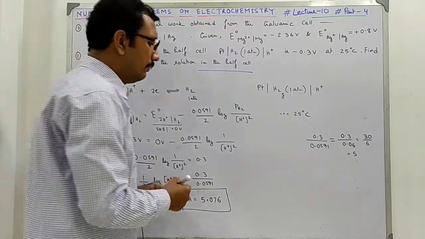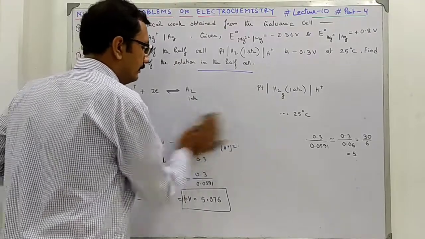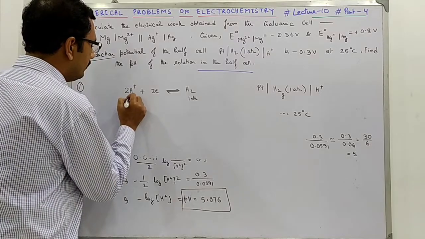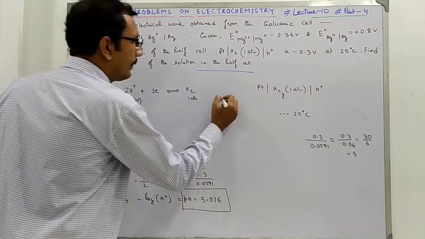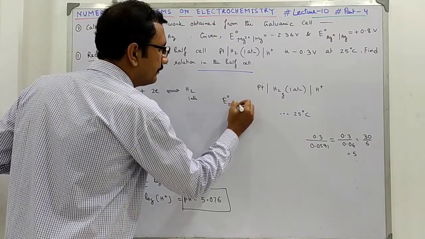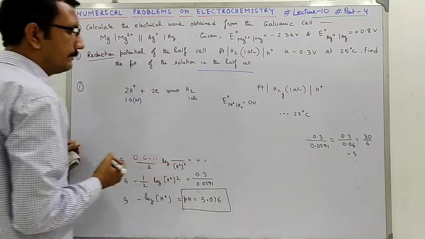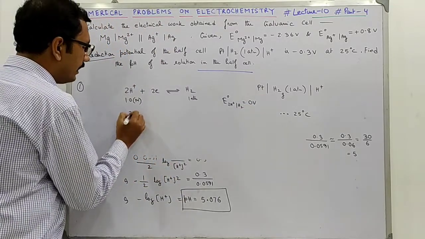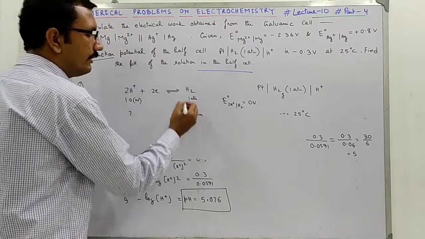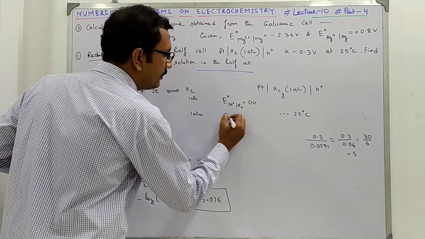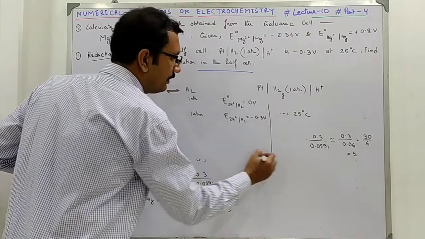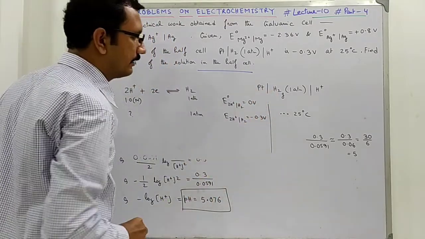See, when the pressure is 1 atm and the concentration is 1.0 molar, it is the standard hydrogen electrode and the reduction potential is 0 volt. Now, this one is the same as the standard hydrogen electrode except for the concentration, and the reduction potential that is given is minus 0.3 volt at 25 degrees centigrade.